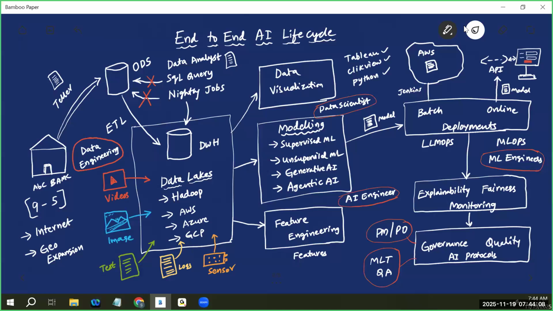Again, roles change a little bit, but these are the people who are running this entire project. Right? They will have a bunch of machine learning engineers, a bunch of AI engineers. All of them work together in tandem to see the success of the AI project. Or else what happens, technology is good. You can implement a new Gen AI tool, but unless it is giving some business value, there is no point.